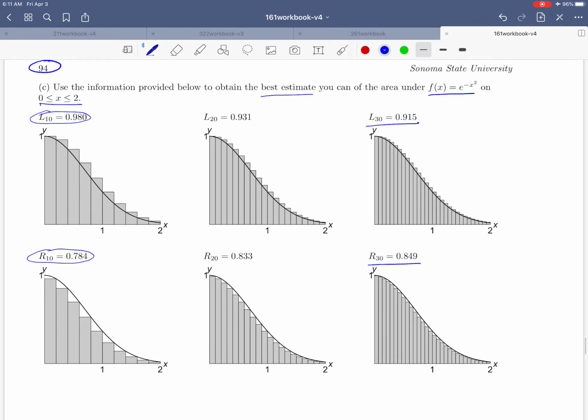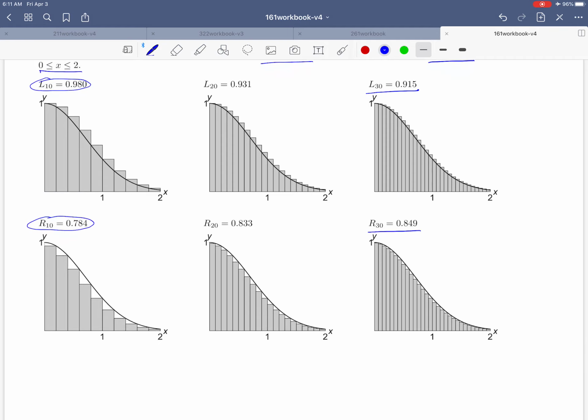So the two estimates on the right with 30 rectangles should probably give us the best estimates of the area under the curve. So what we could say is that the area is going to be between L30 and R30. In other words, between 0.915 and 0.849.